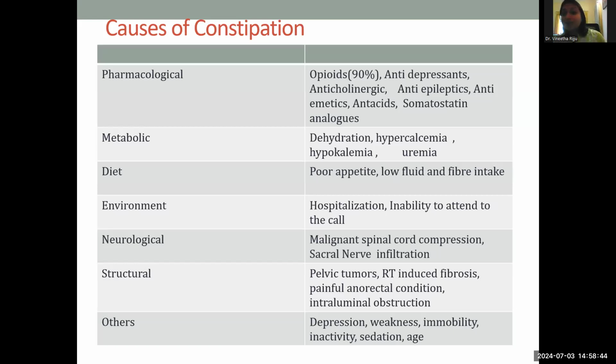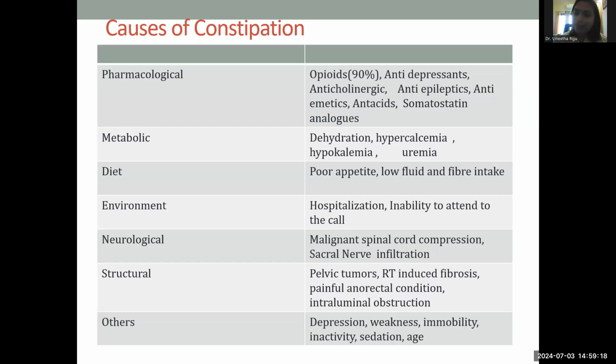Like I was talking about earlier, sometimes there is an injury in the anal canal, and every time they try to strain and the anal canal expands, the pain comes again, so they are unable to strain further for a bowel evacuation, right? So RT-induced fibrosis, painful anorectal condition, intraluminal obstruction. There could be some mass sitting there and causing the obstruction.